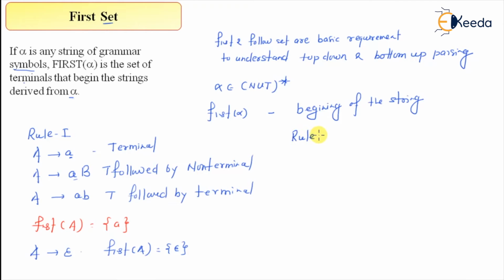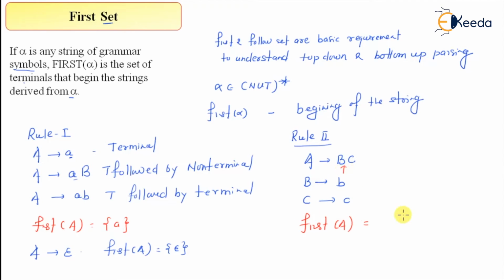We come to rule number 2, a case where A derives B, B derives small b and C derives small c. Now I'm looking at first of capital A. There is no terminal over here; what we have is a non-terminal.